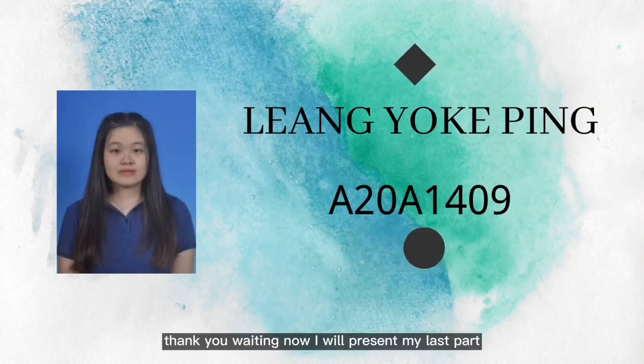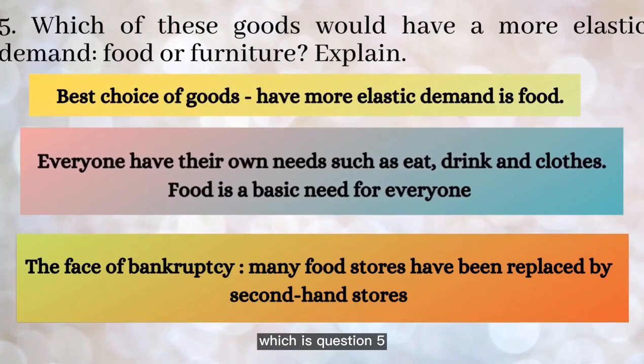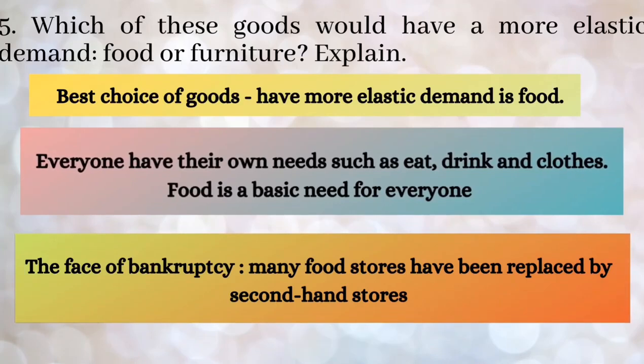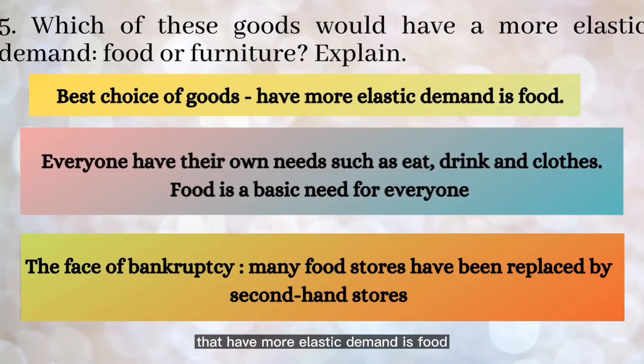Thank you, Wei Ying. Now I will present my last part, which is question 5. In my opinion, the best choice of goods that have more elastic demand is food. It is because food has more flexible demand. Everyone has their own needs, such as eat, drink, and clothe.